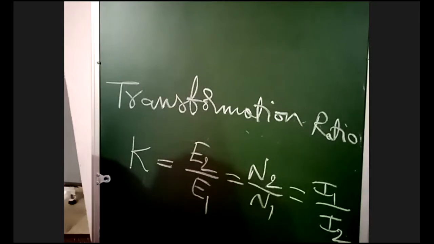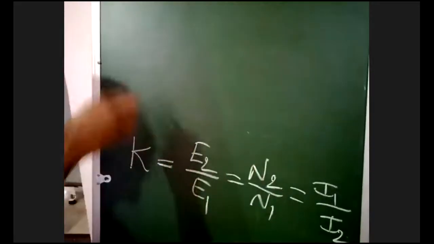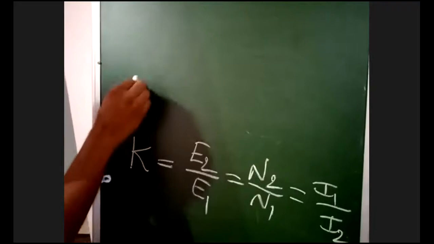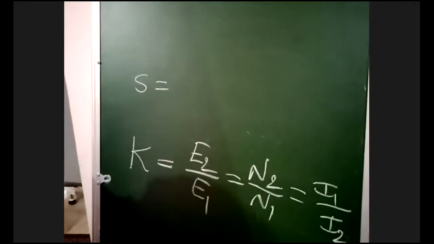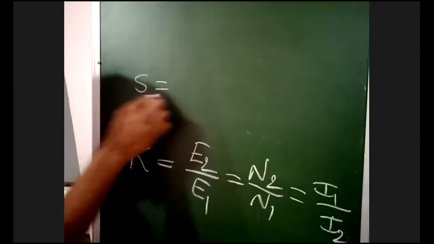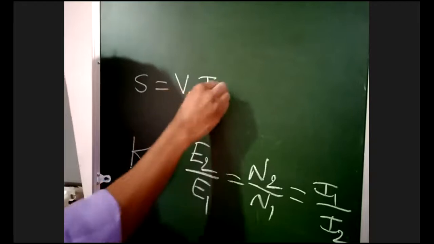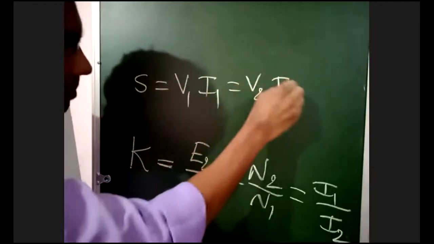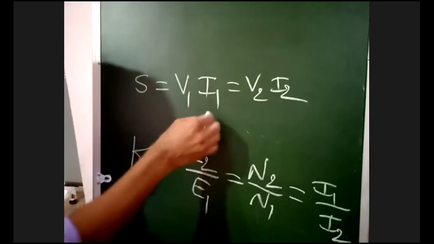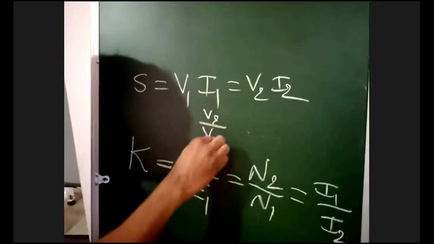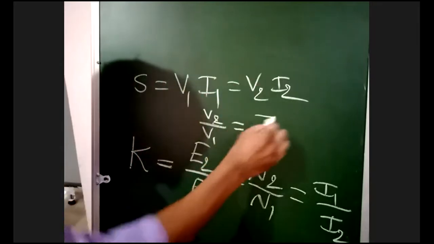Why am I writing I1 by I2, why not I2 by I1? See here. What I have told, transformer rating is in KVA. What is the formula for S? VI, VA. Now I will take V1 I1 is equal to V2 I2. Now can you tell me V2 by V1? From this, I1 by I2.